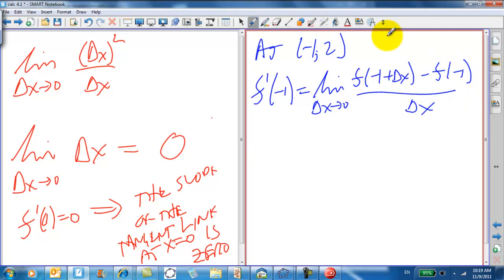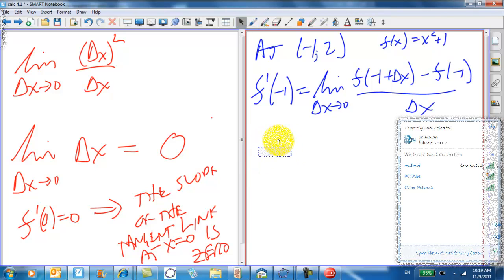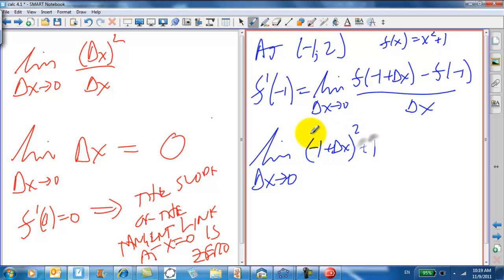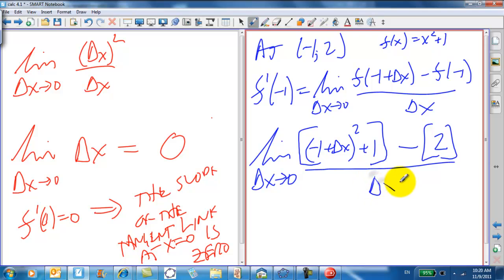Now remember the function itself, f of x, was x squared plus 1. So we get the limit as delta x goes to 0 of negative 1 plus delta x squared plus 1. All of that is f of x, negative 1 plus delta x, minus f of negative 1, which is just plain old 2, all over delta x.